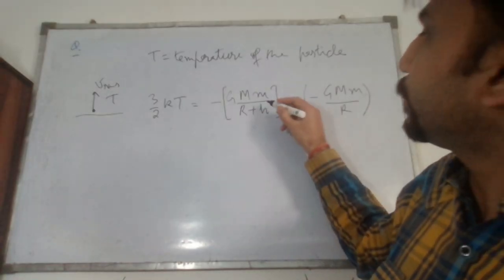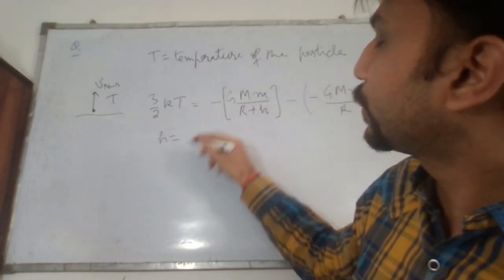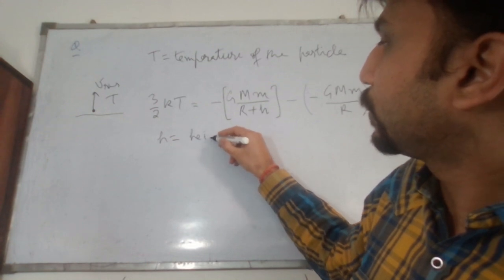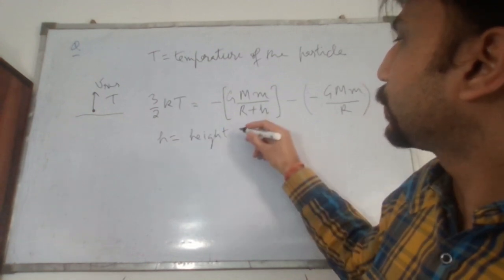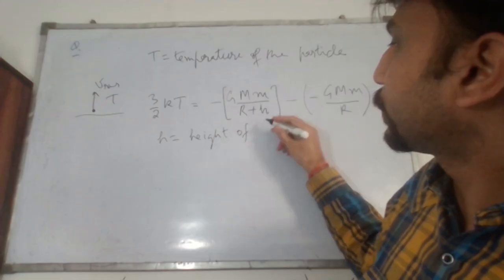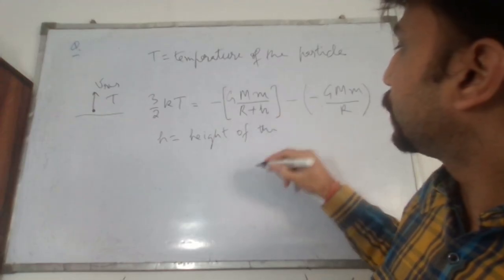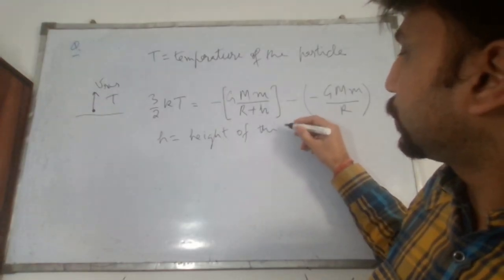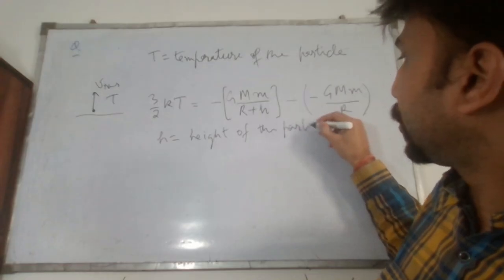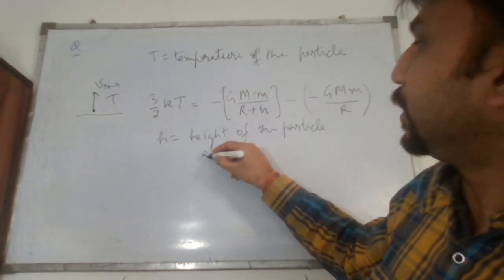Upon solving, we'll find h, the height of the particle above Earth's surface.